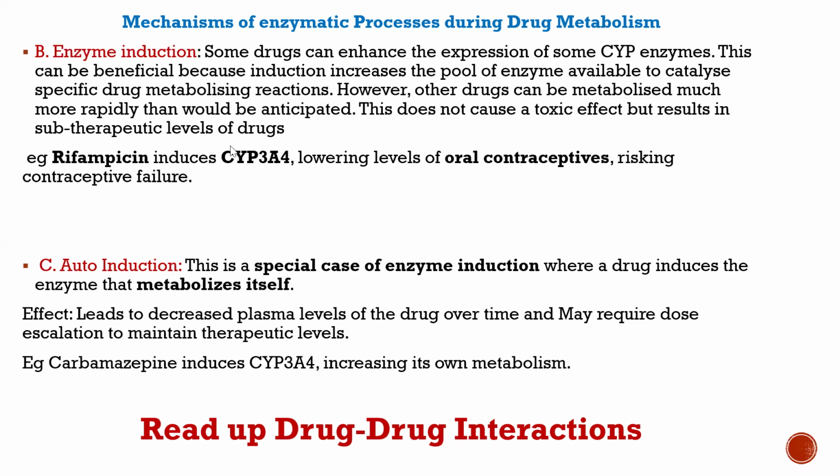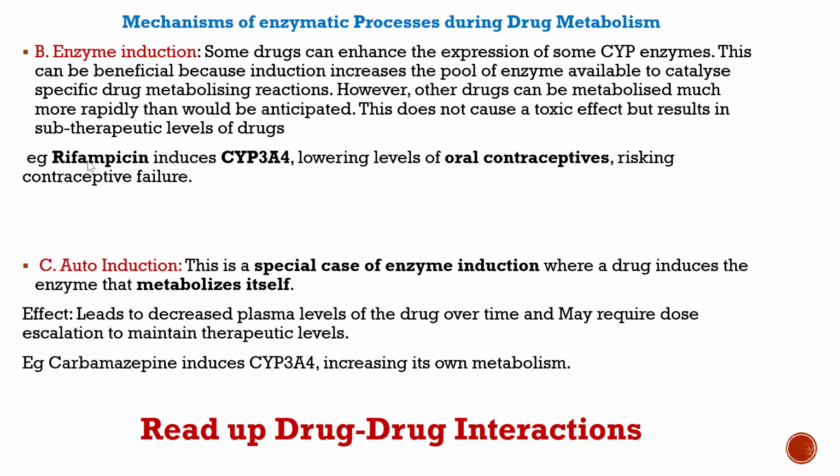So what it's talking about is that instead of inhibiting, some drugs can actually enhance or encourage the expression of these cytochrome P enzymes. When they encourage expression, it means that the enzyme will be working very well in metabolizing drugs. Other drugs can be metabolized more rapidly, and this can make some drugs less available. That is a sub-therapeutic level of drugs, because they are being metabolized very fast by this enzyme.